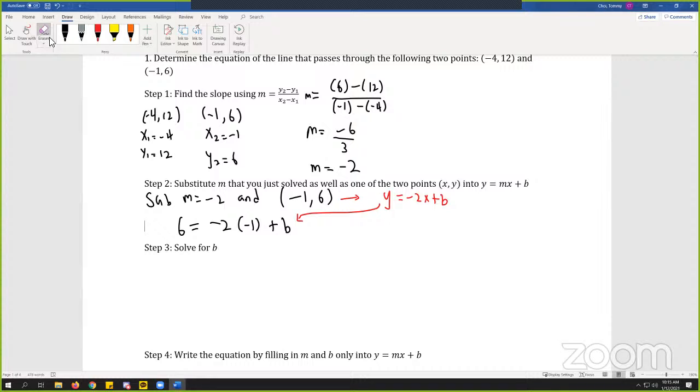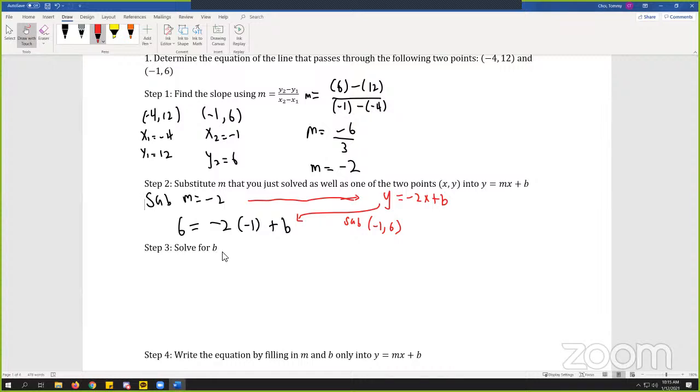So maybe let me rewrite it a little bit clearer for everyone. Let's do this. So we'll do sub m equals negative 2, and then sub negative 1, 6. Maybe that's a little more clear. Okay? So 2 substitutions.